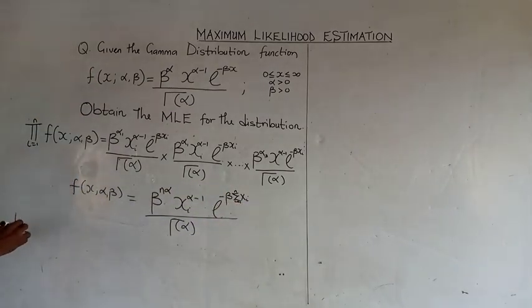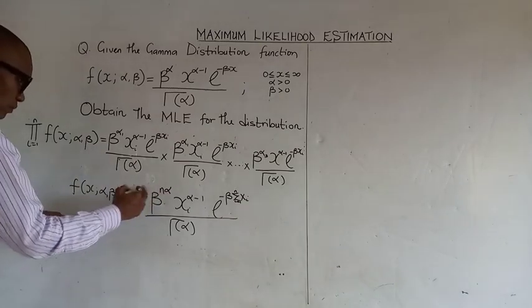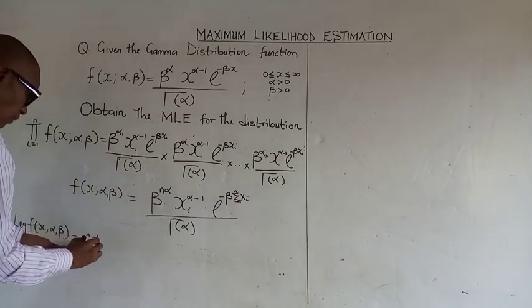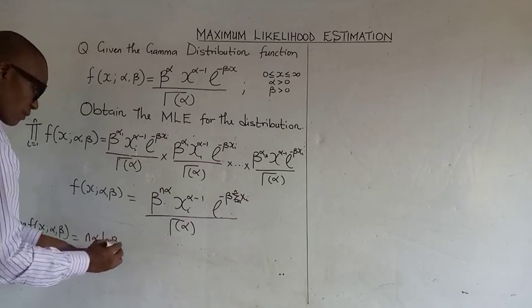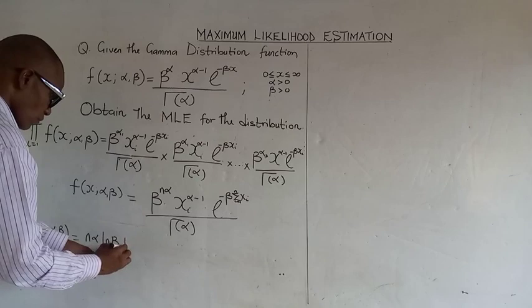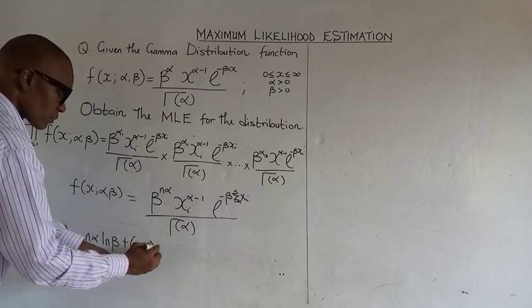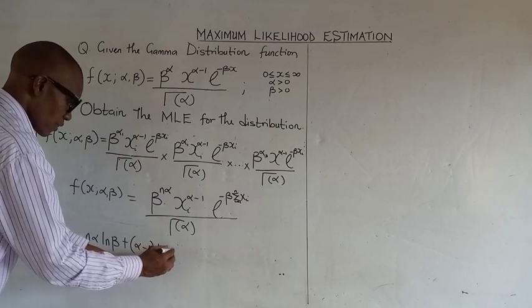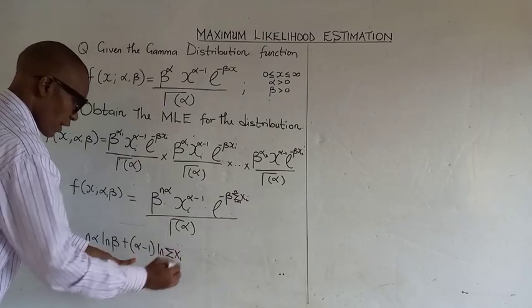So the log of this function is equal to n alpha log beta, plus this will come down, alpha minus 1, minus summation of xi.